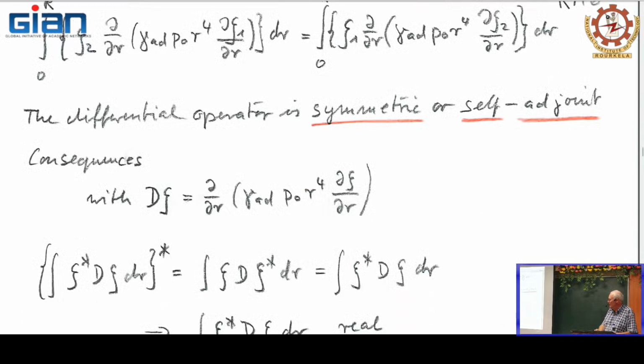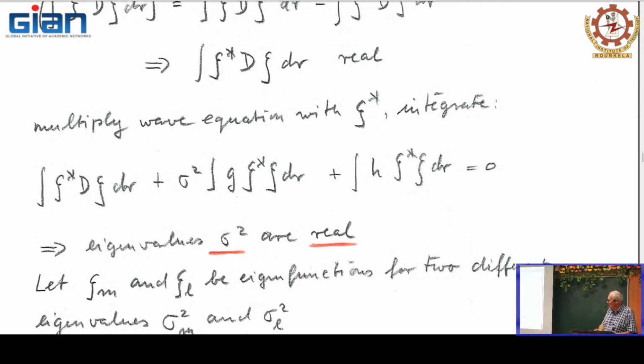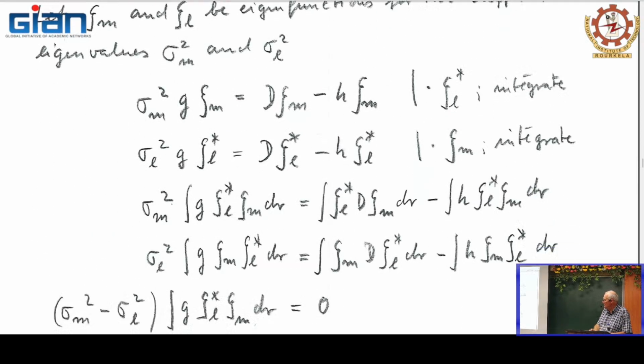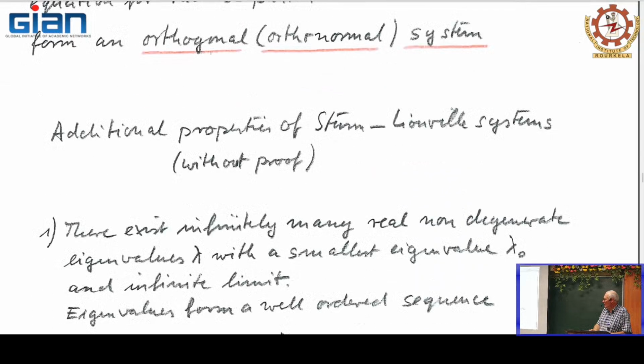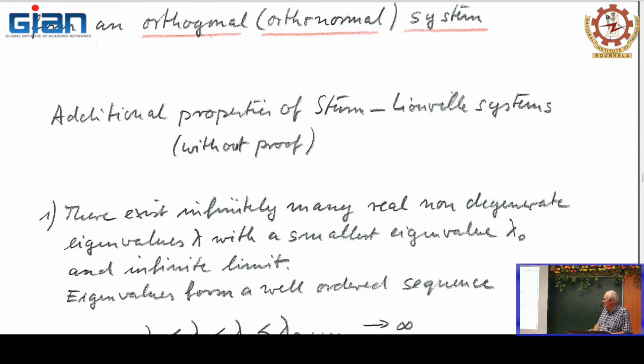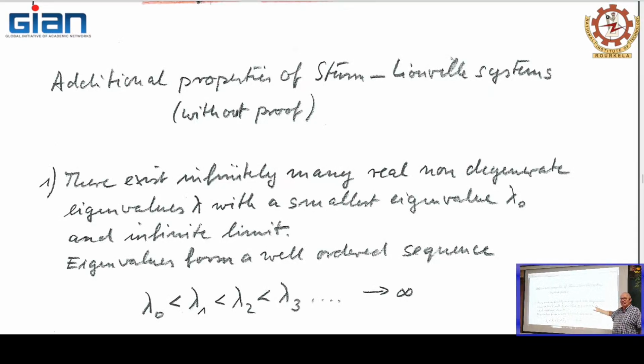So what are the main results? There are many, but I will refer only to those which are interesting to us. The first theorem states there are infinitely many real non-degenerate eigenvalues lambda. Lambda is now the equivalent of sigma squared, with a smallest eigenvalue lambda 0 and an infinite limit.